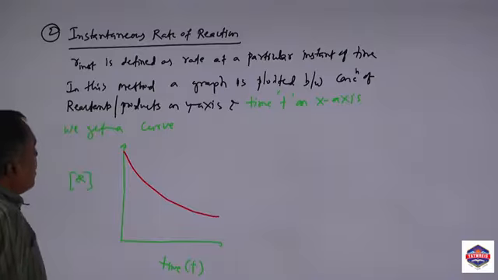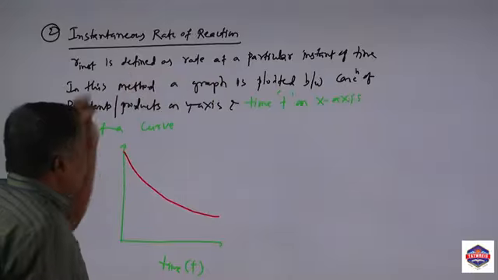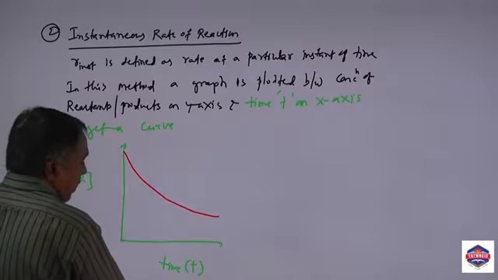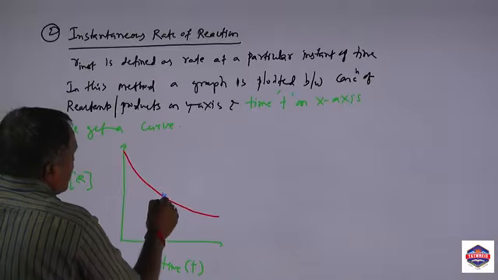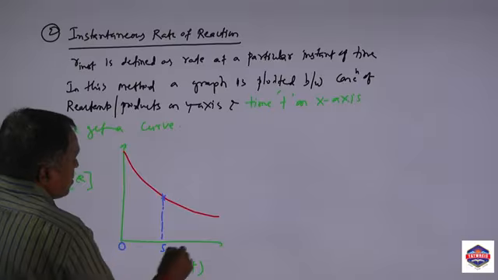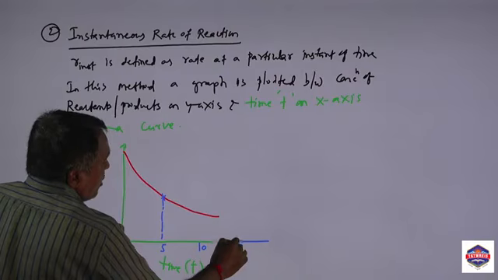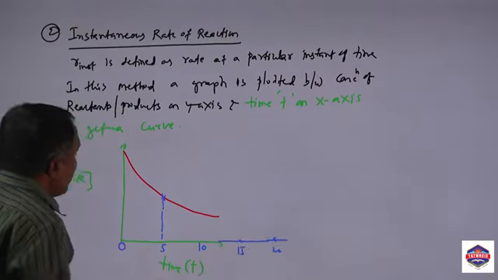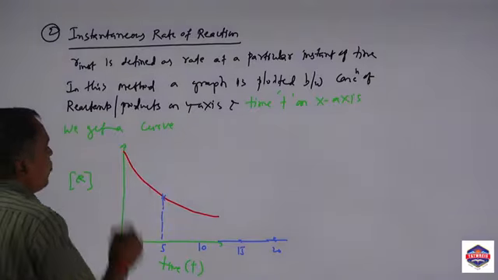But how can we determine the rate at an instant of time? For example, this is 0 minutes, this is 5 minutes, this is 10 minutes, this is 15 minutes, this is 20 minutes. But how can we calculate the rate at one fixed point? This is a fixed point.